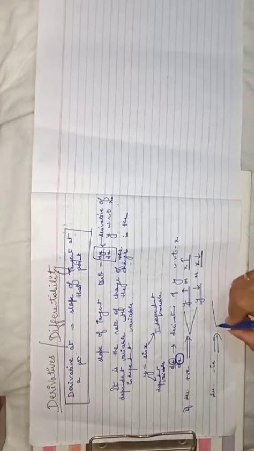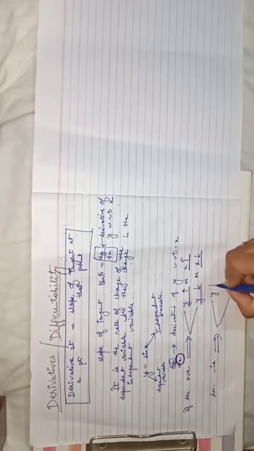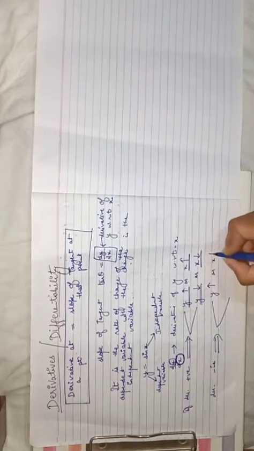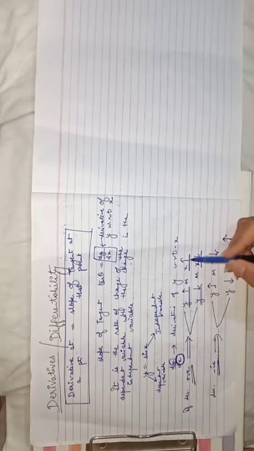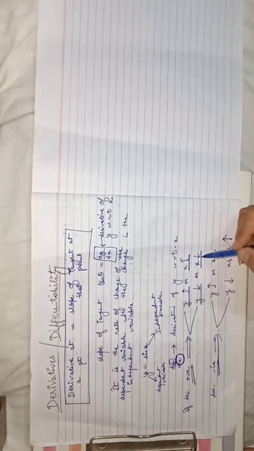This implies two cases again: y increases as x decreases, or y decreases as x increases. This means in the negative case, behavior is opposite, one is increasing, the other one is decreasing, and in case the derivative is positive, behavior is similar, either both increase or both decrease.